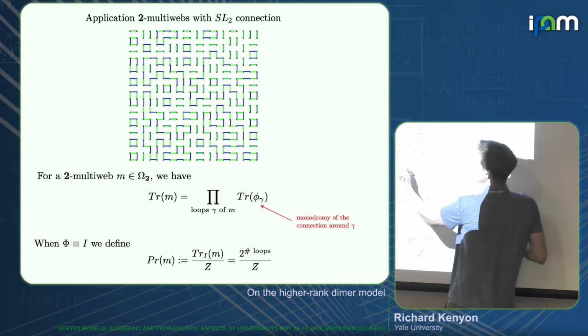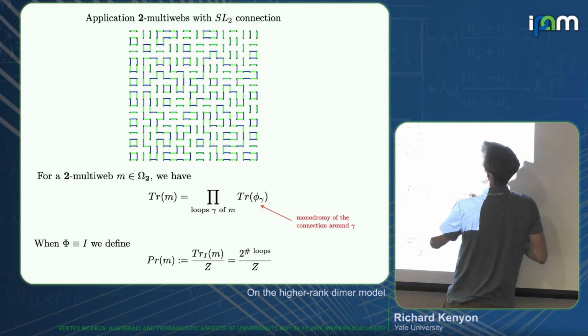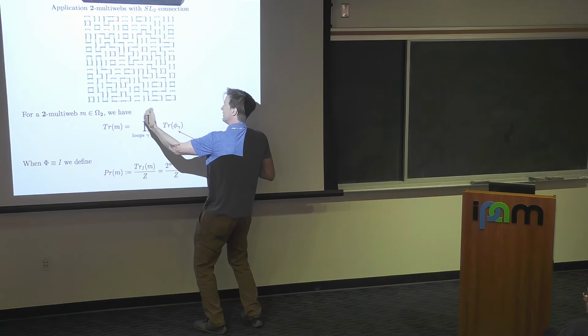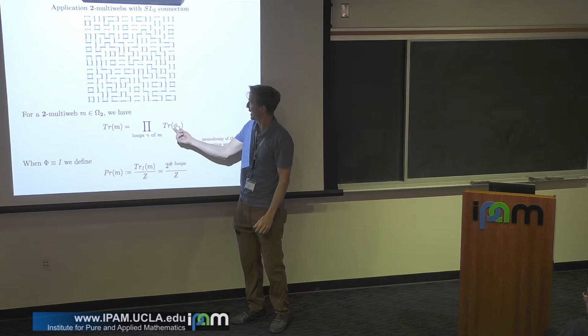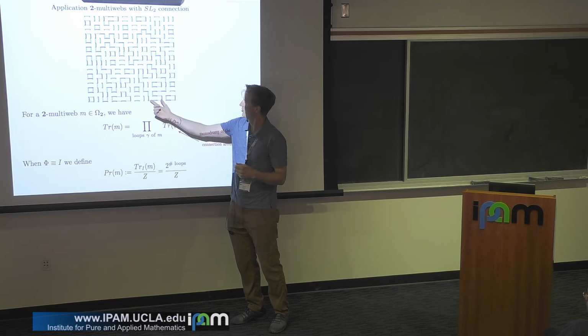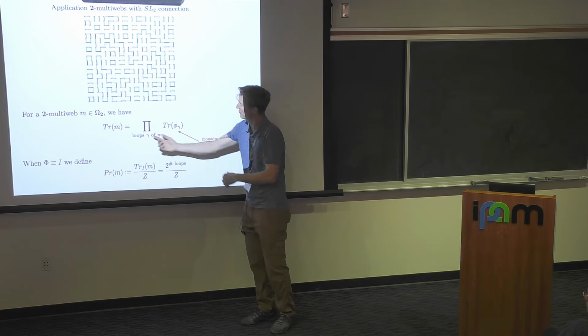Now the connection is invertible because it's an SL2, every matrix is in SL2. For every loop, you can just compose the connection around that loop to get the monodromy, phi sub gamma. Then you can take the actual matrix trace to get the component of our trace associated to that loop, and take the product over all the loops.